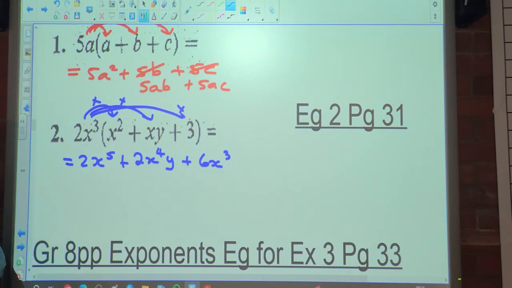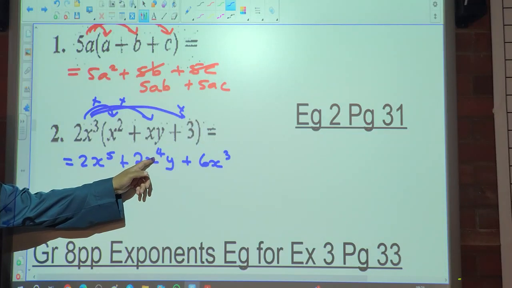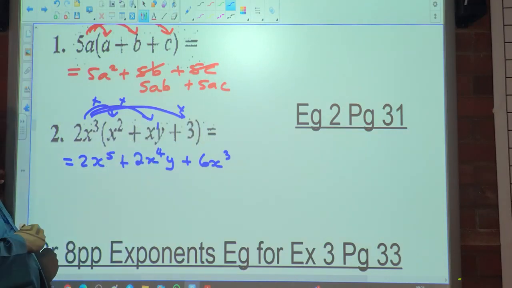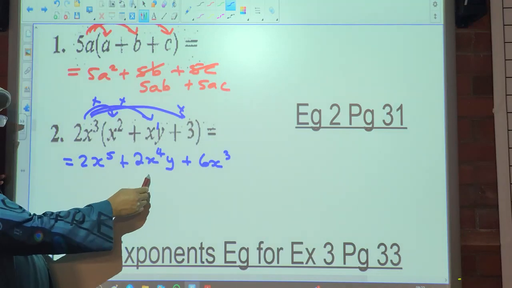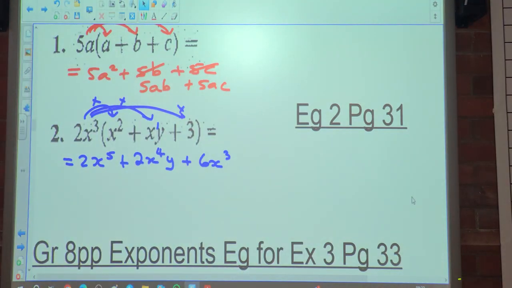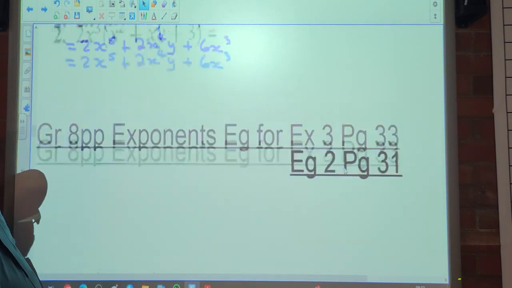I wrote 2x to the 5 plus 2x squared. But remember, there's a 1 here, so it should be 2x cubed, and then 6x cubed. Okay, so that was the one mistake. Any other mistakes? Just remember, when you're multiplying and the bases are the same, I must add the exponents.